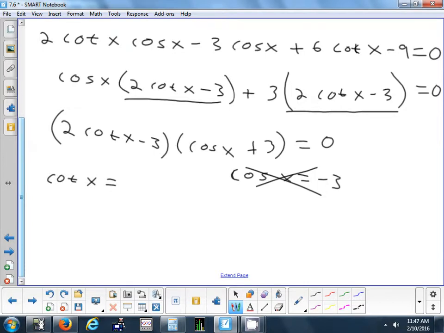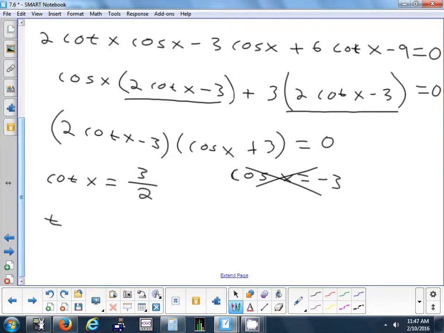Okay, what would cotangent x equal? 3 over 2, plus 3 divided by 2. All right. Now this, we don't have a button for inverse cotangent. Well, think of it this way.